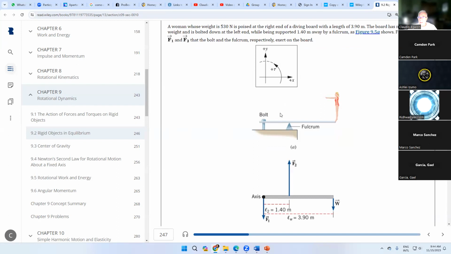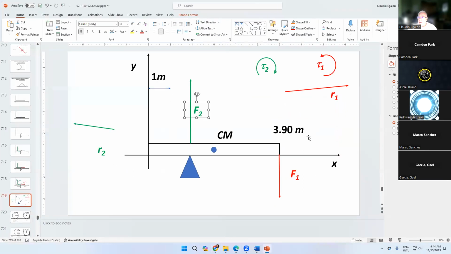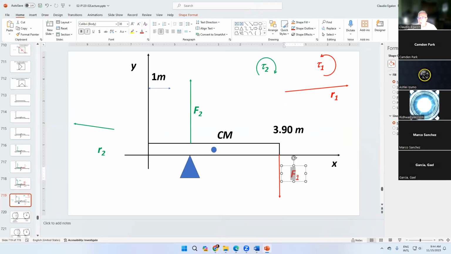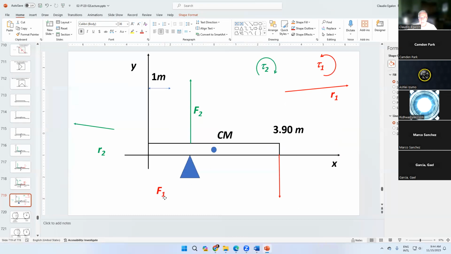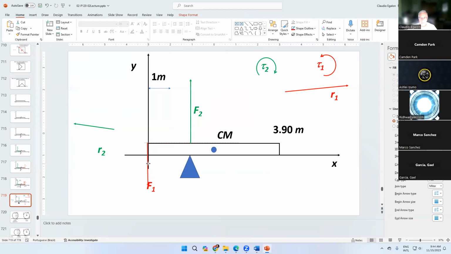And this bolt is preventing this end of the plank from rotating. So the only possible way that this force of the bolt is going to be exerted is downwards. Let's call it the force of the bolt.